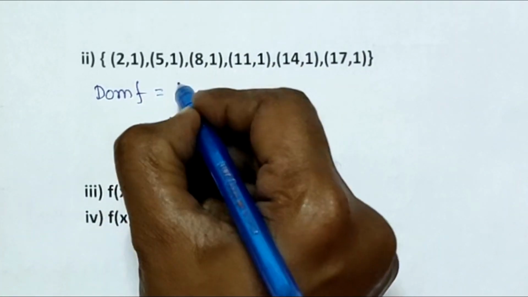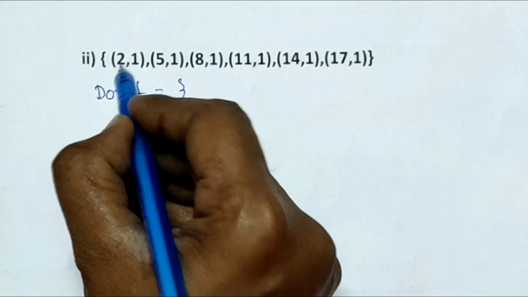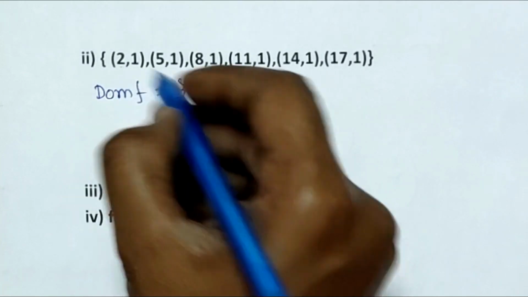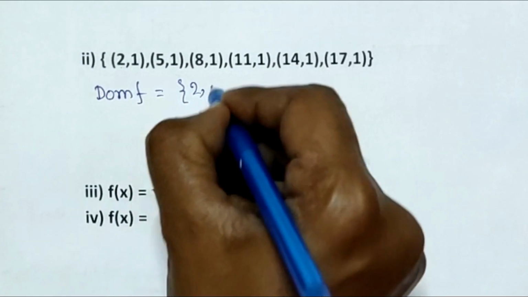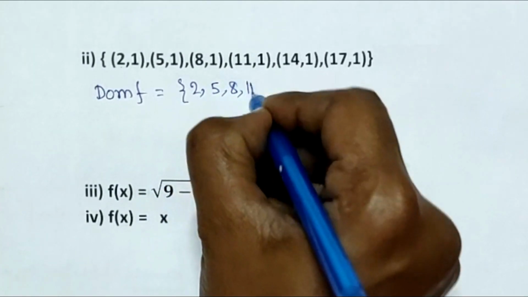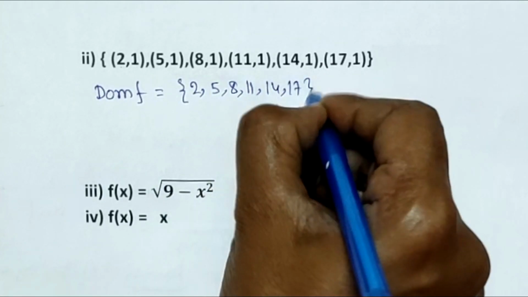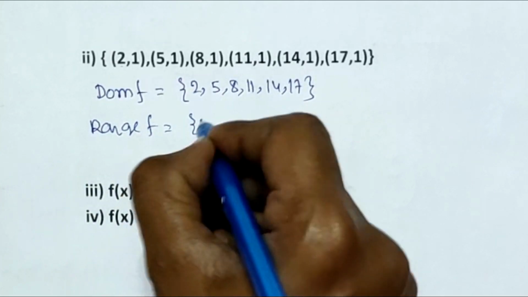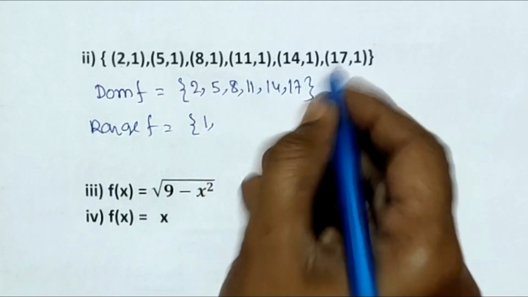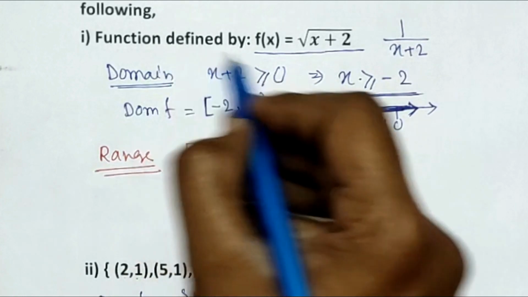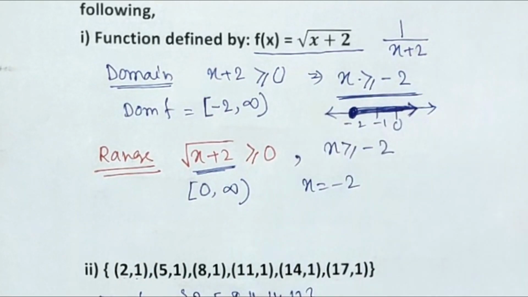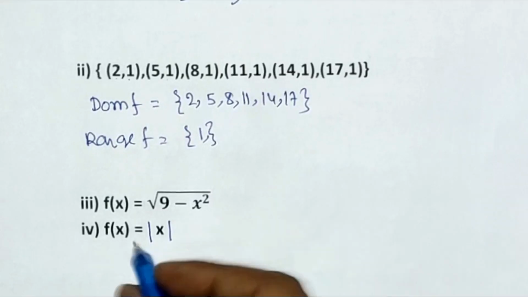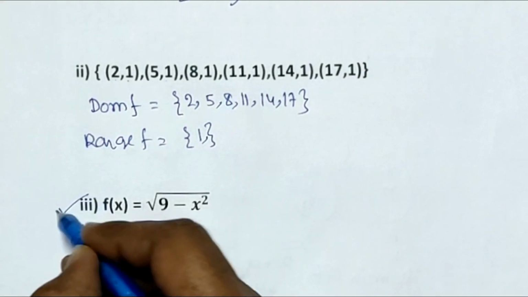Domain of f, here all the first elements of the ordered pairs are the domain. So domain of f is the set 2, 5, 8, 11, 14 and 17, and the range of f here is 1 only.